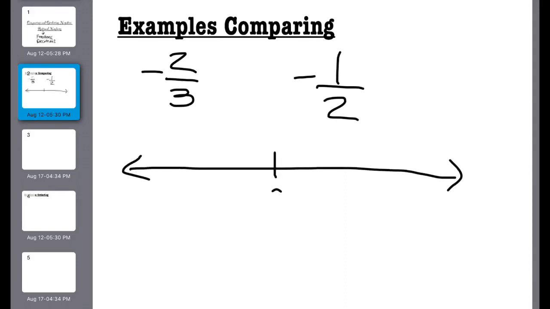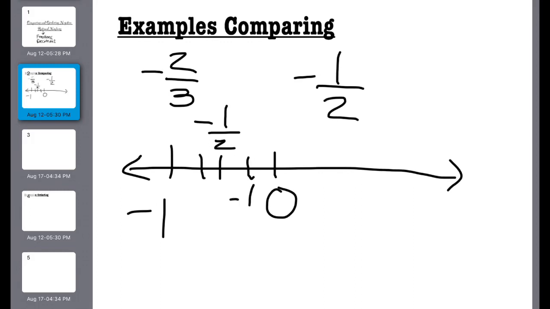So if we have 0, and here we have -1, we could have in between 0 and -1 divided in half, and this would be -1/2. We could also have thirds, and this would be -1/3, and this would be -2/3.